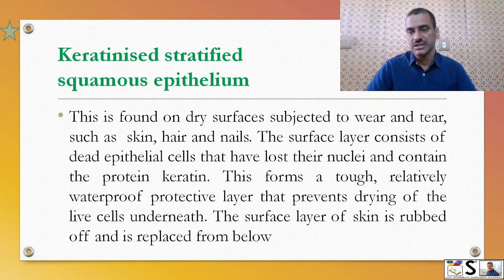The surface layer consists of dead epithelial cells. Just the outermost layer is made of dead epithelial cells which contain keratin. These form a rough, relatively waterproof protective layer that prevents drying of the live cells which are below. The surface layer of the skin is rubbed off and is replaced from below continuously.